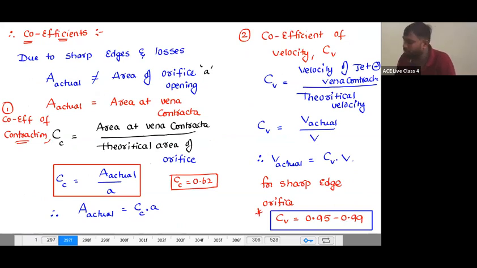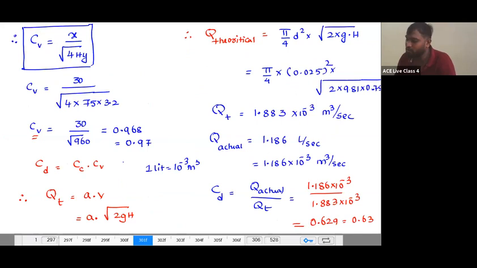So in the case of the orifice, with 0.95 to 0.99, I give the options for the CV as A 0.85, B 0.91, C 0.97, D 1. So I'll give the options like this.